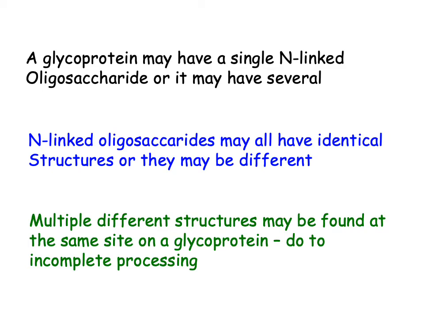Now, this last point, that multiple different structures may be found at the same site on a glycoprotein, means one protein molecule may have one structure and the second molecule of the same protein may have a different structure on it. That's generally considered to be due to incomplete processing, although there probably is some variation.